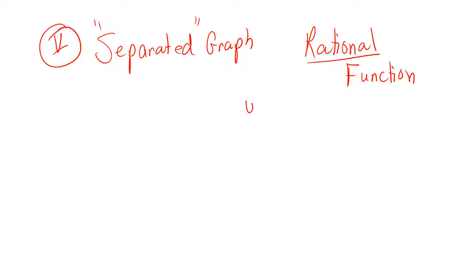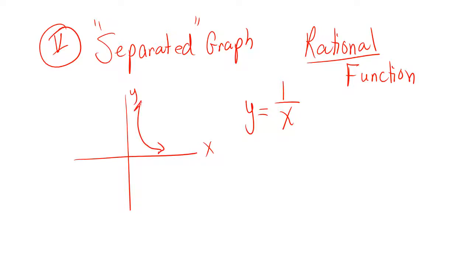So when you see the equation y equals 1 over x, where there's a fraction and the x is in the denominator, then the graph will look like two separate curves in opposite diagonal quadrants, just like that. We will study those in more depth later in the course.